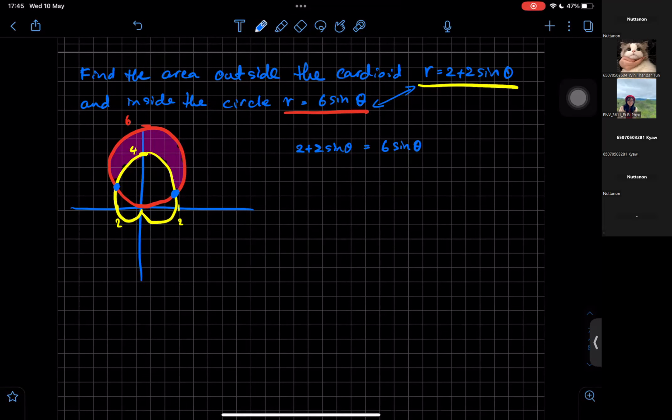We get 4 sine theta equal to 2, and sine theta equal to a half. We get theta equal to pi over 6 and 5 pi over 6. These are the 2 points that we want.